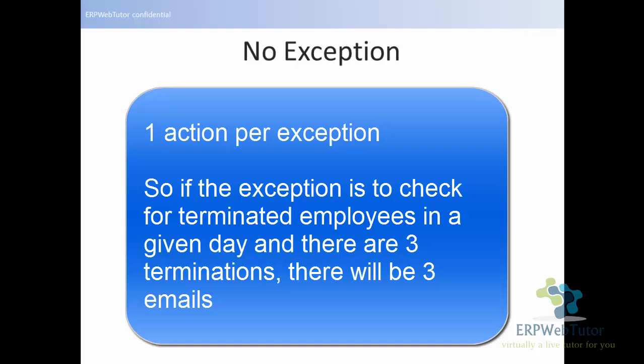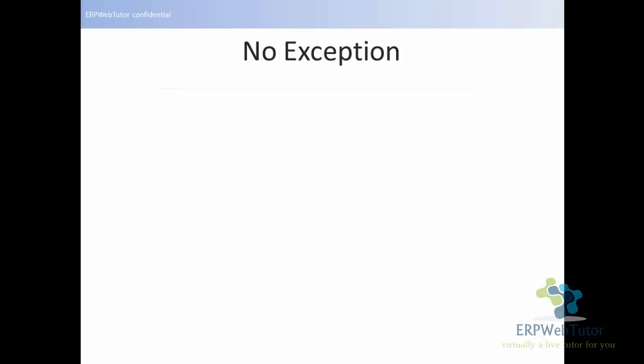The next one is basically the no exception. The no exception is nothing but when it does not meet any of the exception criteria that has been built. So if on a particular date no user got created and you consider that an exception, you want to send an email saying, oh, no users created today.